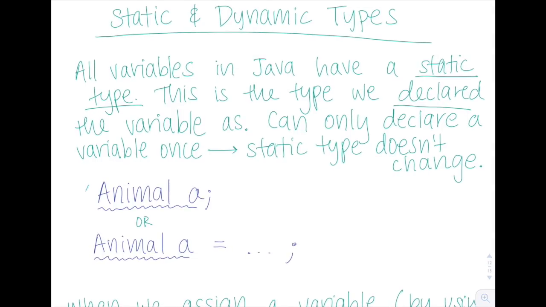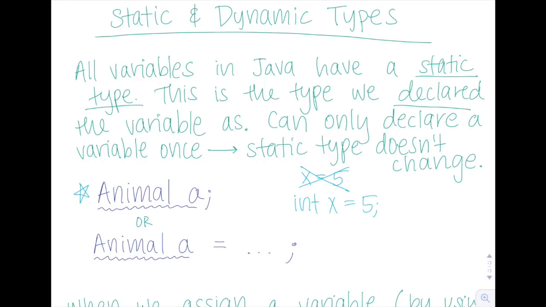For example, in this line of code, Animal a, all we're doing is making a new variable named a of static type Animal. And remember, in Python, we're allowed to say x equals 5, but in Java, this is not allowed. You always have to declare a variable before you use it. So you have to say int x before you can say equals 5.